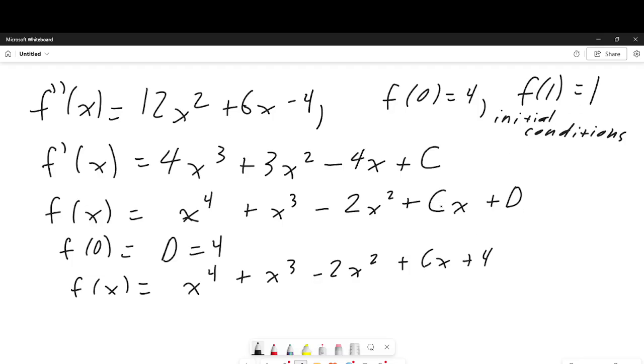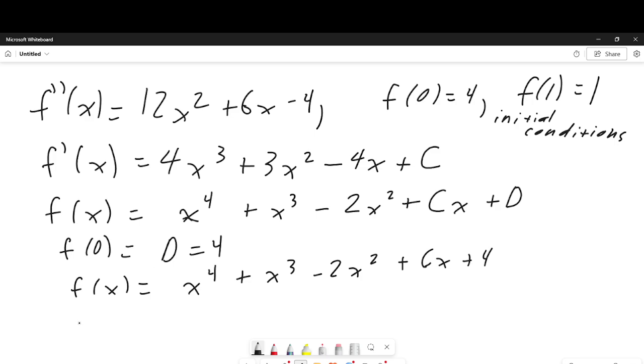If I did the 1, I would get 1 plus 1 minus 2 plus c plus d equals 1. And I have two unknowns, only one equation. So I kind of have to do the 0 first. Sometimes they might not have anything eliminated, in which case you'd have two equations, two unknowns, and you have to think back to algebra of how to solve those.